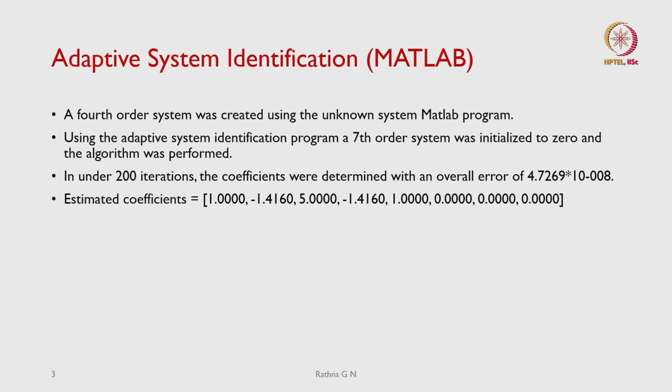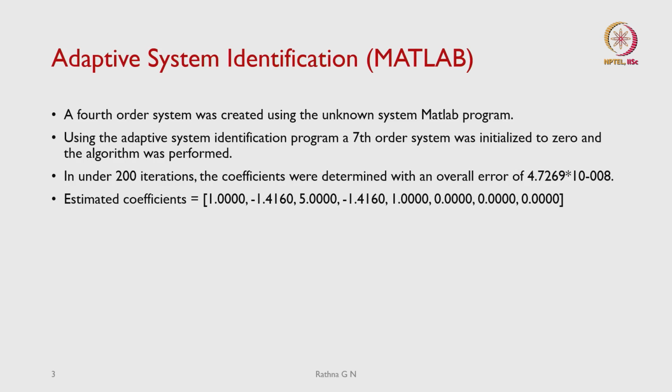Here a fourth order system was created as the unknown system in the MATLAB program, and using the adaptive system identification program, a seventh order system was initialized to 0 initially and the algorithm was performed.